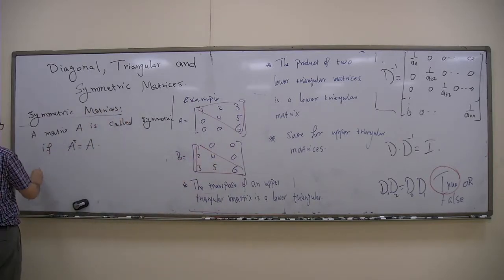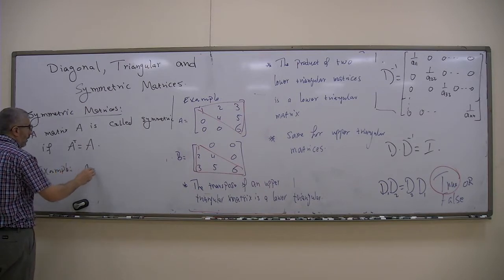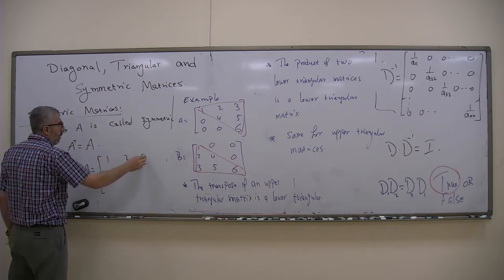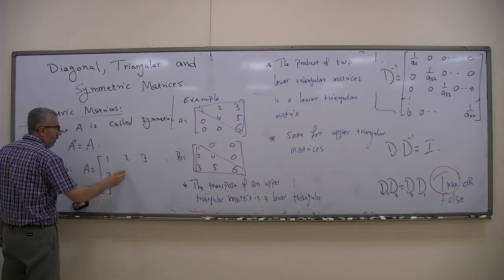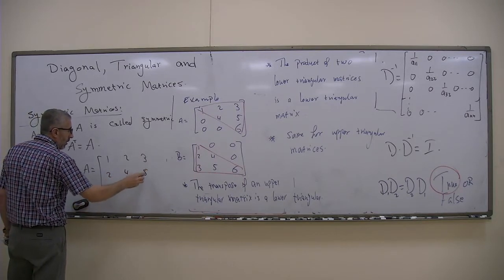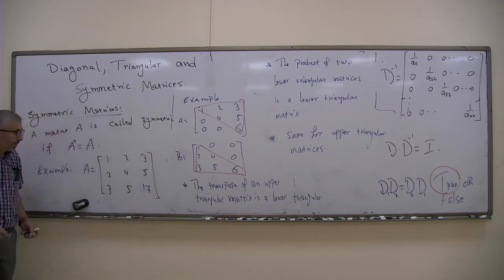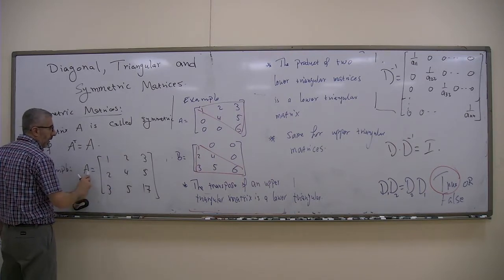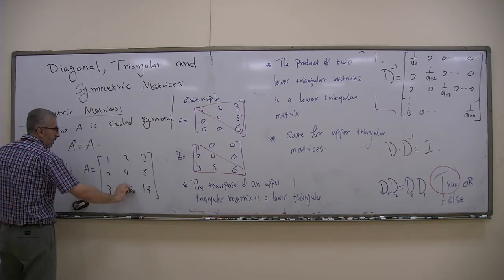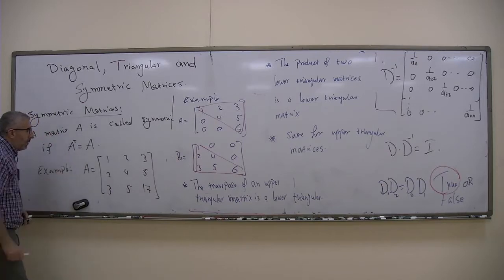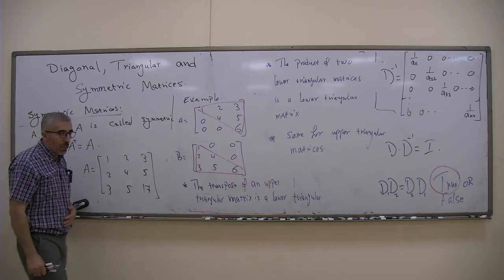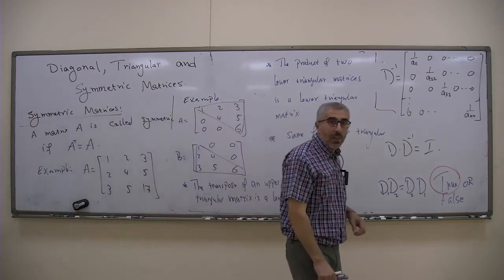Here's an example. A equals 1, 2, 3, 2, 4, 5, 3, 5, 17. This is symmetric, correct? You take the transpose, you get the same matrix. A transpose is the same as A. Such a matrix we call a symmetric matrix.